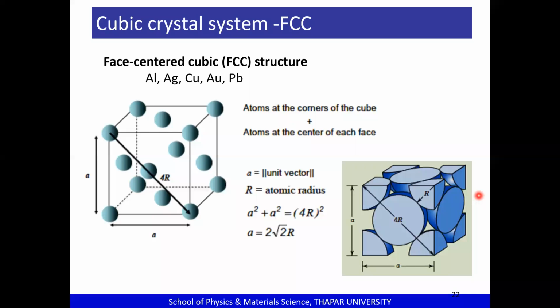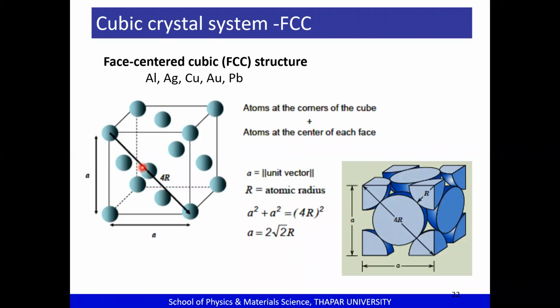It is the unit cell where atoms occupy the corner sites as well as the center of each of the 6 faces of the cube. The side distance is a, which is the lattice parameter of the unit cell. And if I look along the face diagonal, what I can see is there are 2 corner atoms on the face diagonal and 1 central atom of the face.